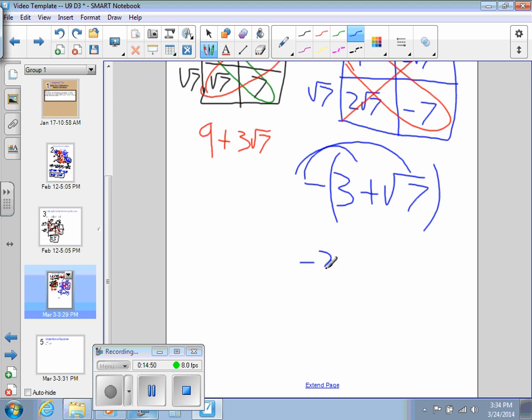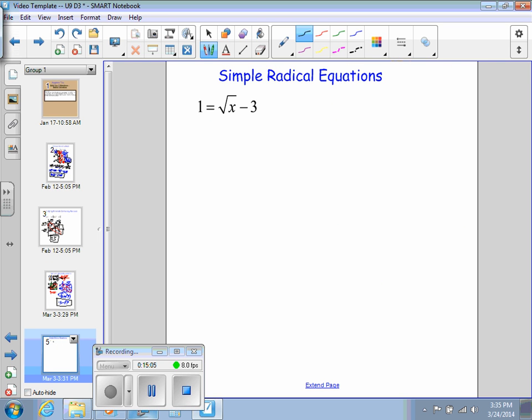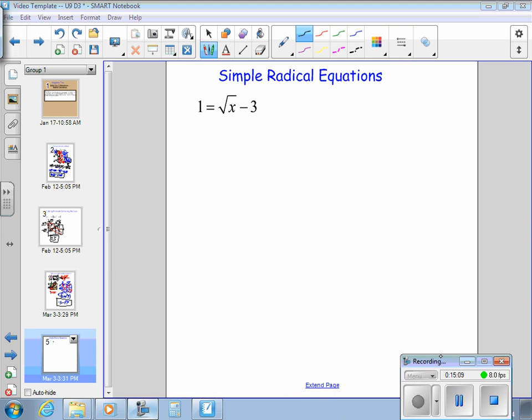So now I have negative 3 minus the square root of 7. Okay, so let's move this back over here where it's generally out of the way, and look at this last one.